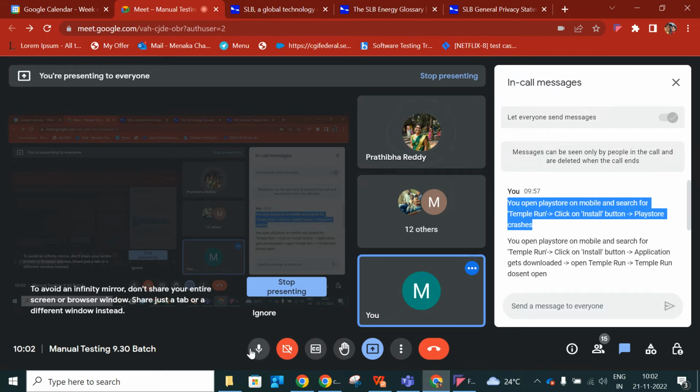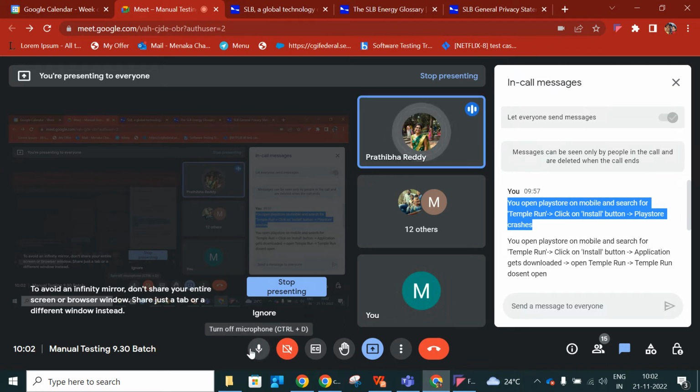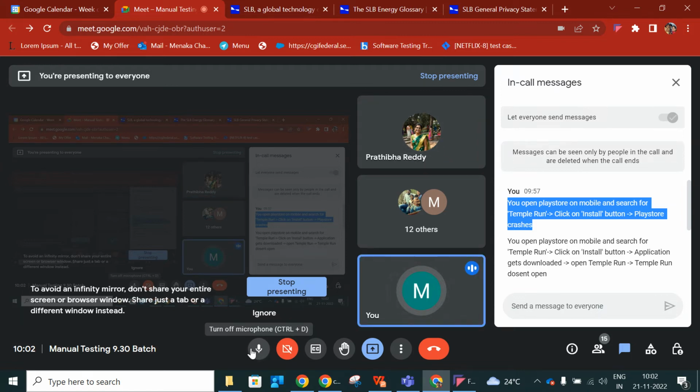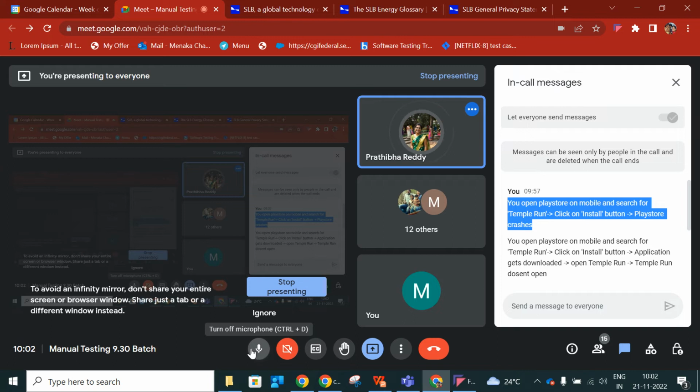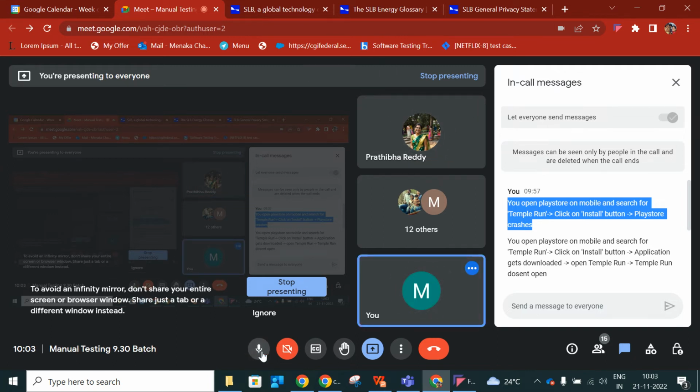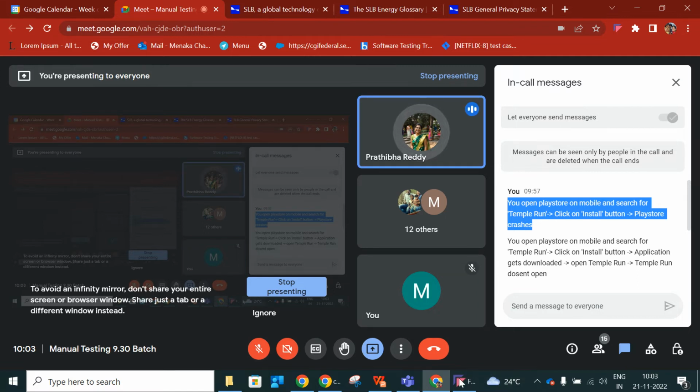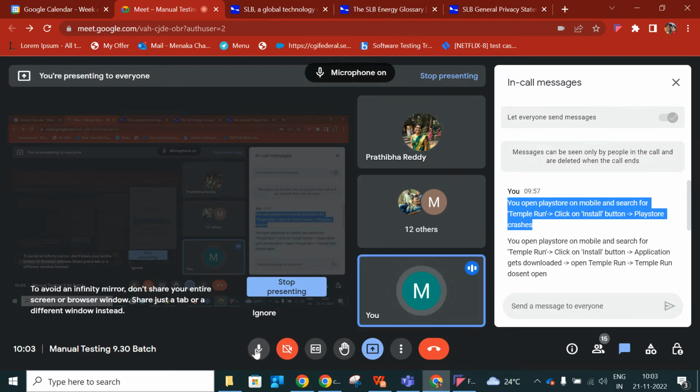It should be low severity, high priority. Except for that, everything is right. And the last one is correct.